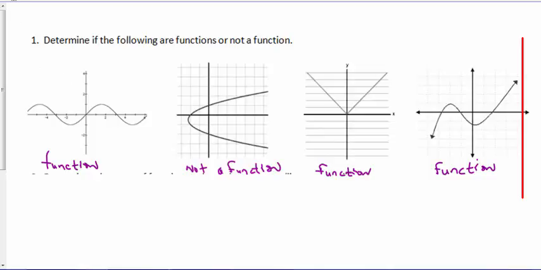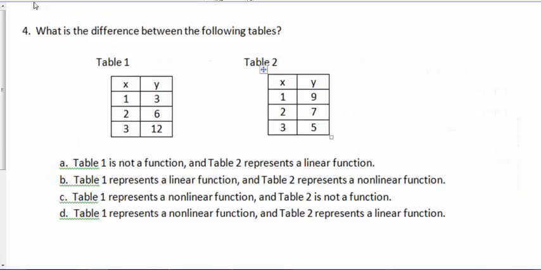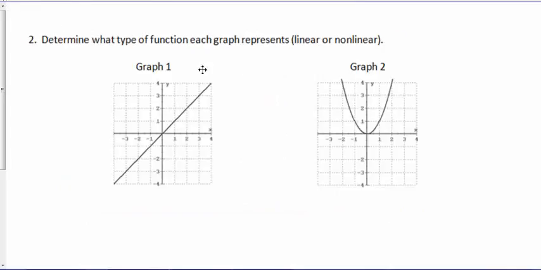All right. Now let's look at number 2. Determine what type of function each graph represents, linear or nonlinear. Well, if we're looking at this one, you can tell that this is a line, and it's not a vertical line, so therefore, it could be a function.